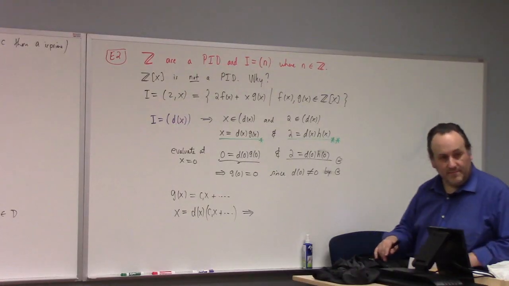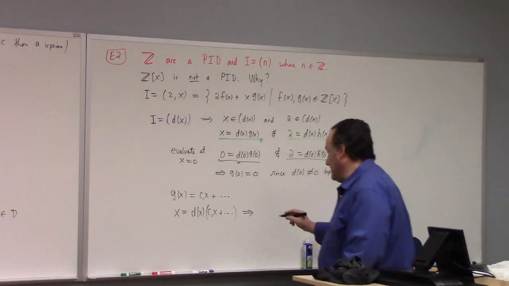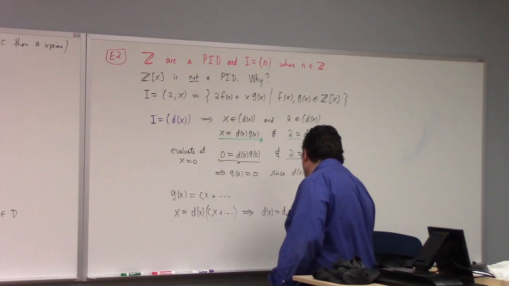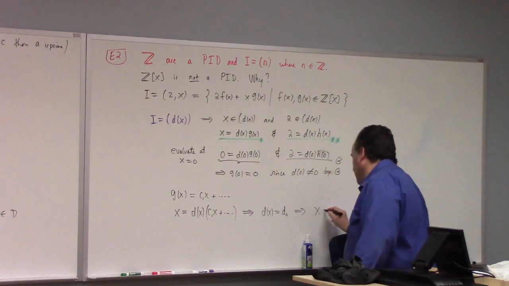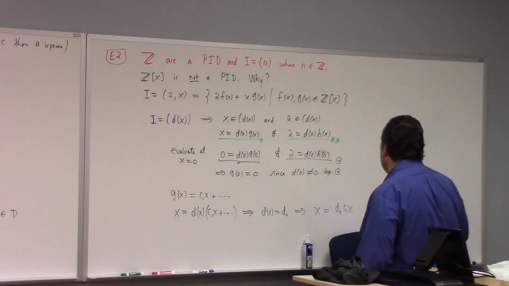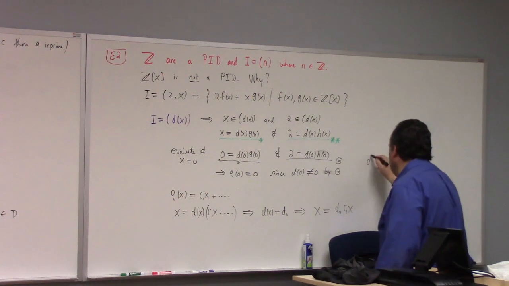What can d of x possibly be by the rules of polynomial algebra? d of x has to be a constant, which says that x is equal to d naught times that constant times x.